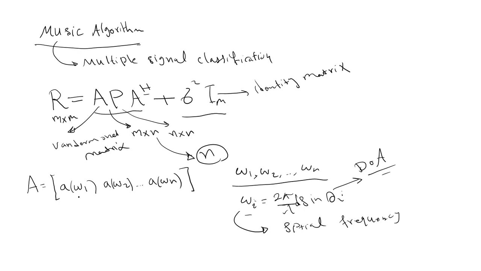So if we can estimate this frequency, we can estimate the DOAs. And in the case of a temporal signal, when we have N frequencies in a sinusoidal signal, we can estimate the frequencies.